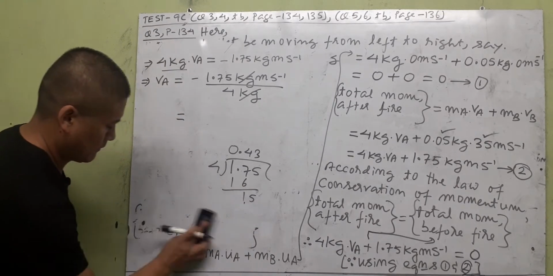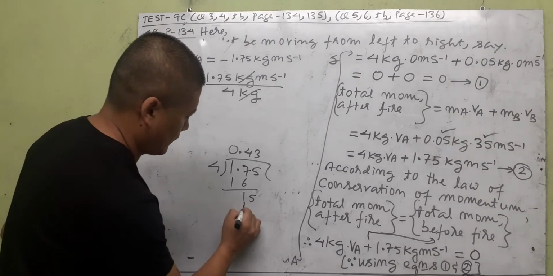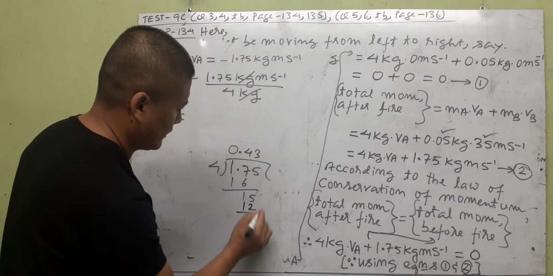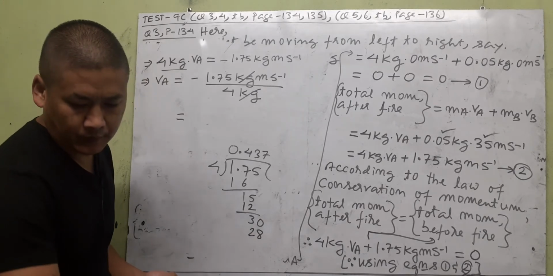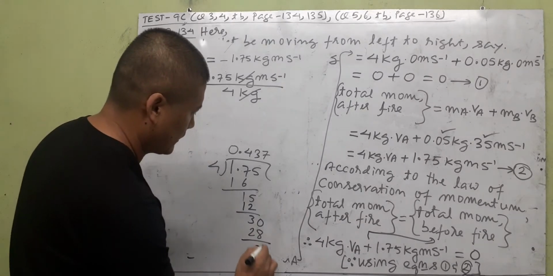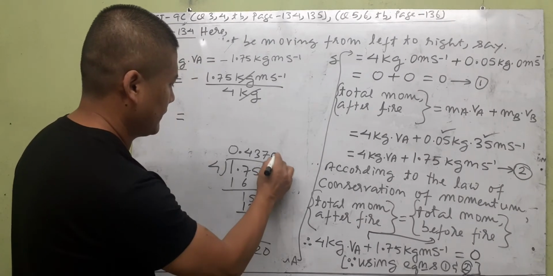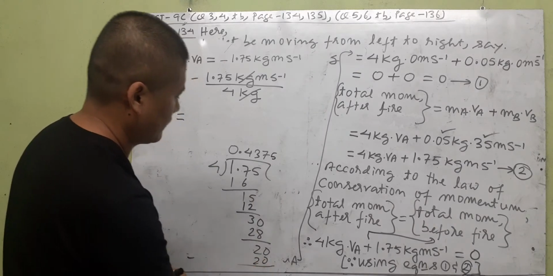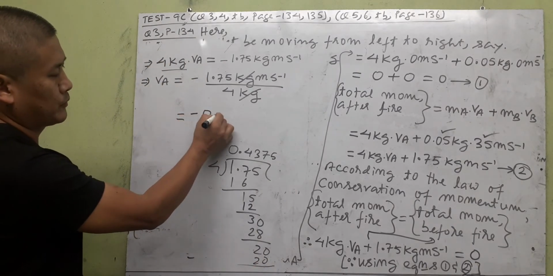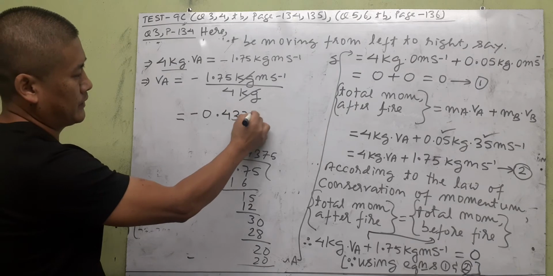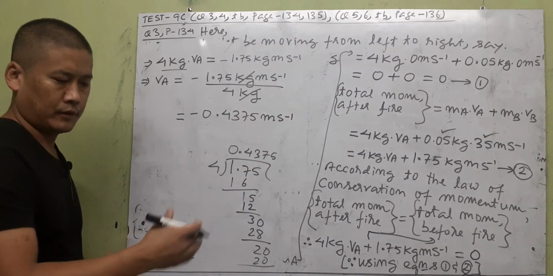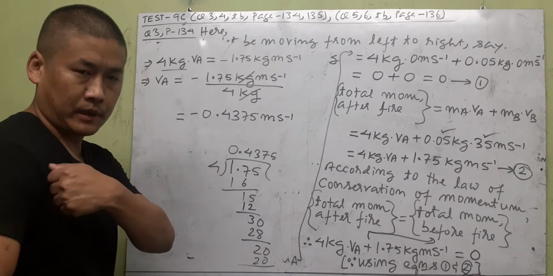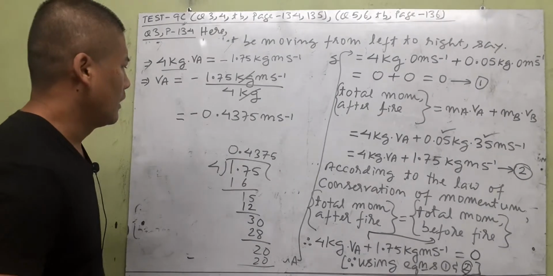Then 3 remainder, then 0, 7s are 28, so 2 in hand, 0, 4 5s are 20. So you're getting minus 0.4375 meter per second, the recoil velocity with which the rifle will hit back the shoulder of the gunman.